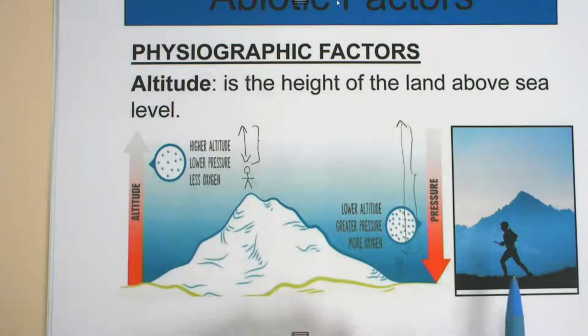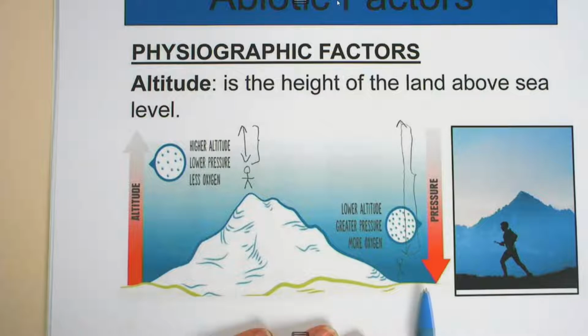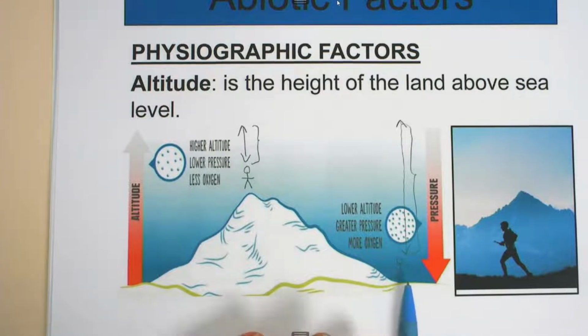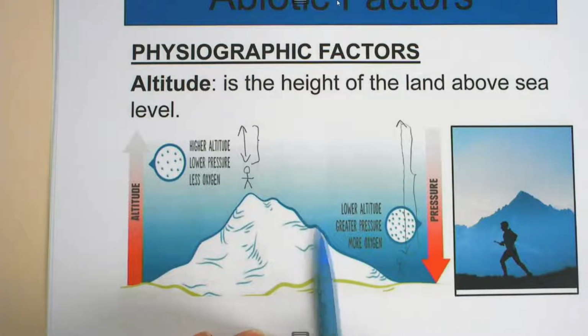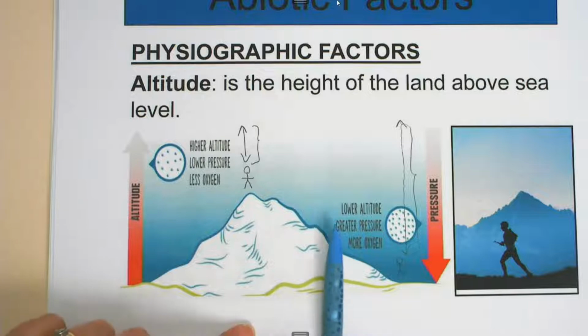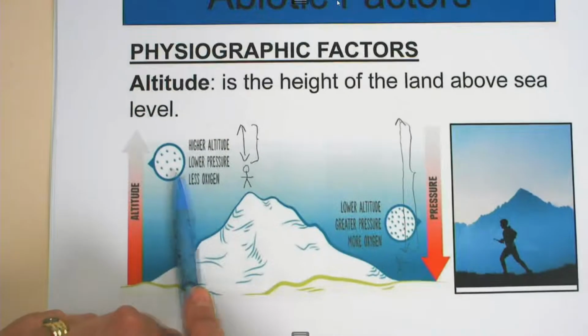And here you can also see a guy that is running, and people say that he's into sport, that when you are from sea level and you exercise or practice higher, your body adapts and makes more red blood cells in order to carry more oxygen, because your body realizes that there's less oxygen in the air.